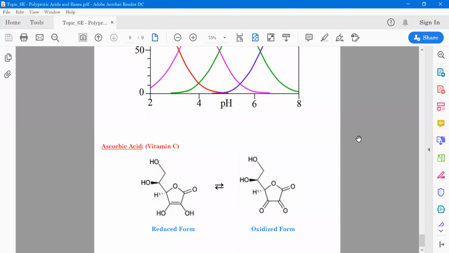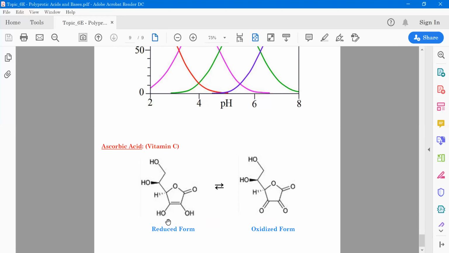So one final example here, ascorbic acid, which is vitamin C, which we all know about. Vitamin C is essentially ascorbic acid. It's a diprotic acid. Here's what's called the reduced form. These hydrogens right here and here are the ones that are donatable. Now you'll notice that this does not look the same structure as the carboxylic acid, but they behave the same.